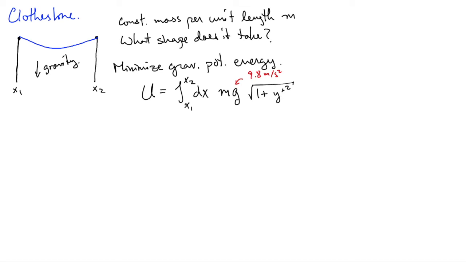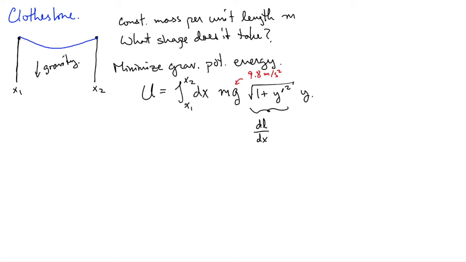This is the length, this is dl dx, and it's computed in exactly the same way that we did for geodesics, times y. So all we're saying is that it's m g y times dl. That's the gravitational potential energy across the line.